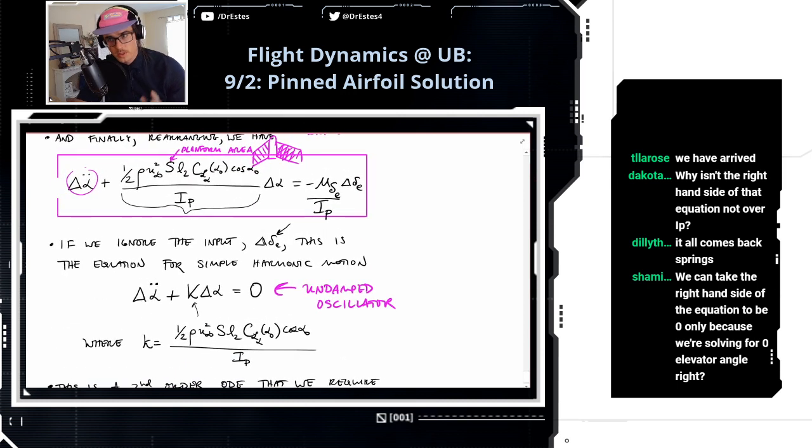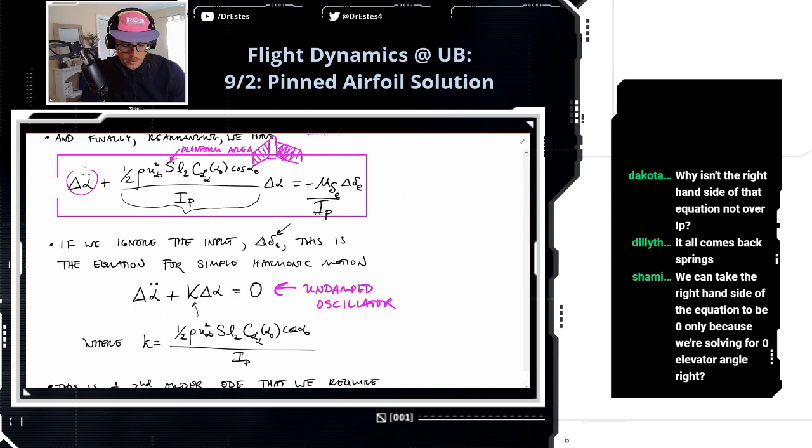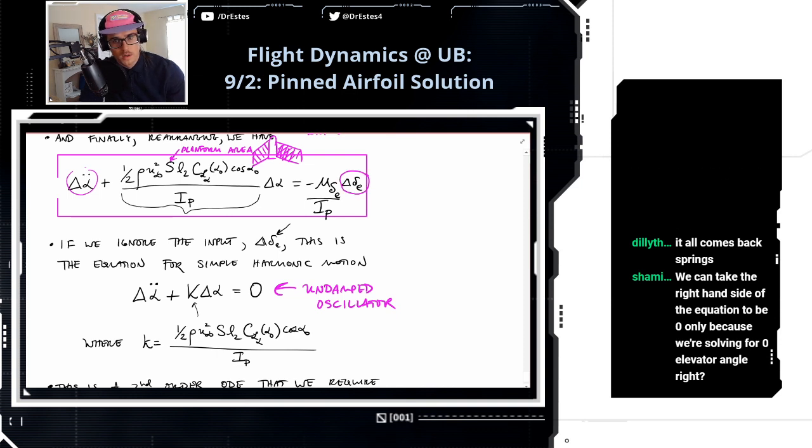Even if the equilibrium angle for the elevator is 0, you can still have perturbations of the elevator around 0. So it can still move a little bit. The reason I'm ignoring this input is that first, I just want to analyze this as a homogeneous system. The elevator is the input to the system.